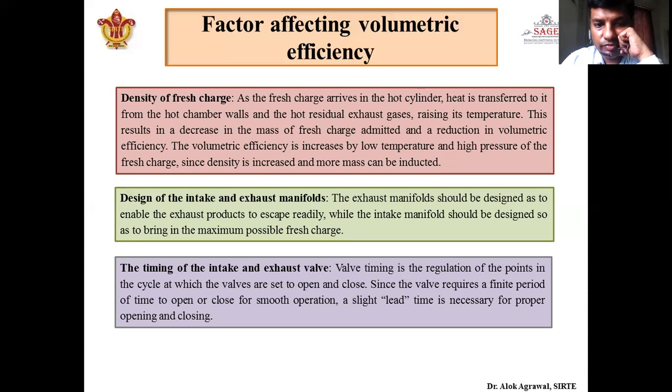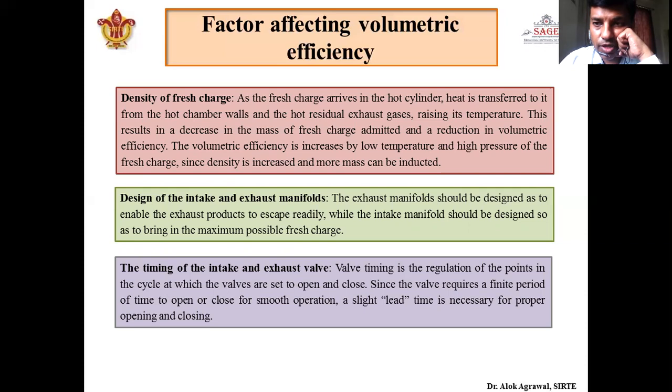Next is the timing of the intake and exhaust valves. This is the last factor on which volumetric efficiency depends. Valve timing is the regulation of the points in the cycle at which the valves are opened and closed, which we have discussed in the valve timing diagram. And it is seen that since the valve requires a finite period of time to open or close for a smooth operation, a slight lead time is necessary for proper opening and closing.